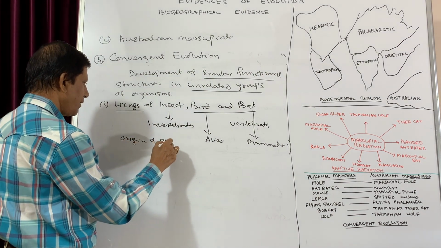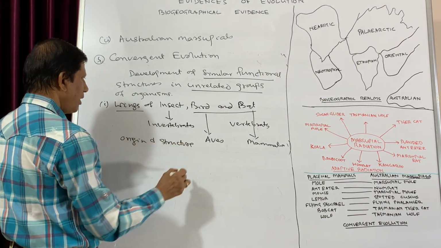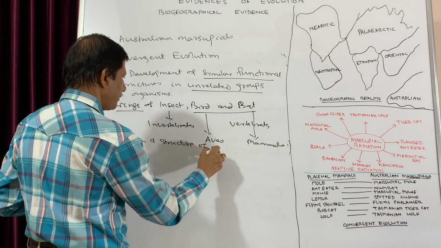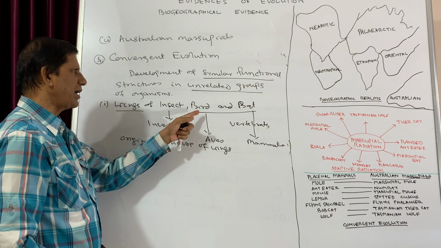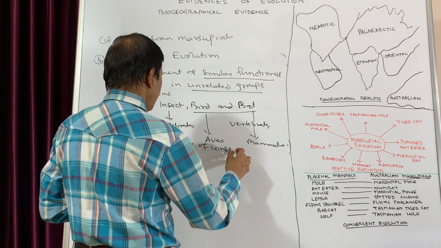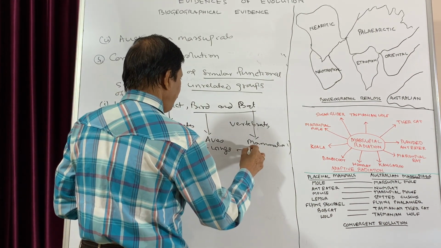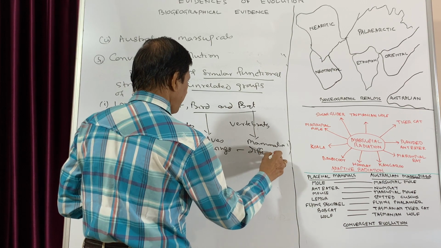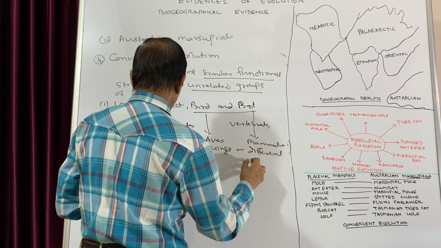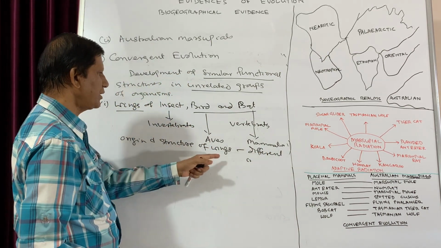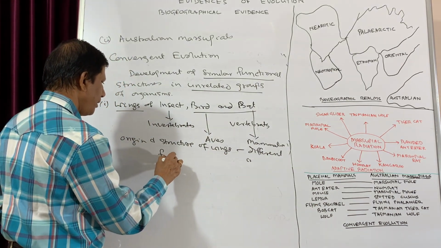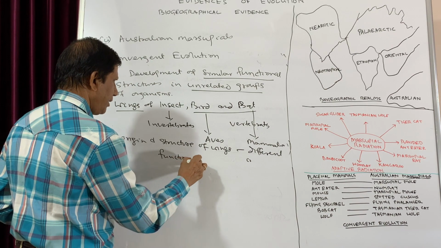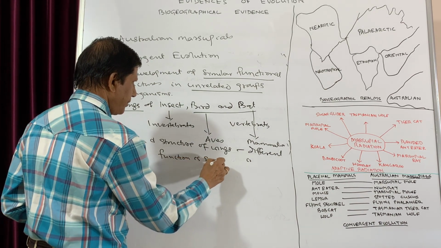Now, if we look at their wings, the origin and structure of wings in these three organisms, insect, bird and bat, are different. But the function is the same.